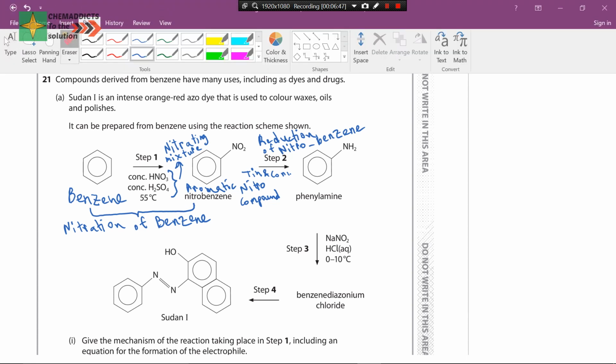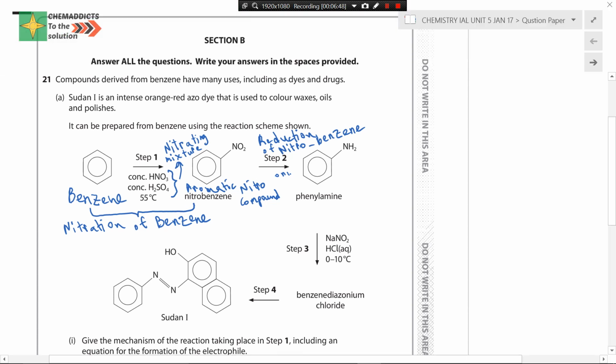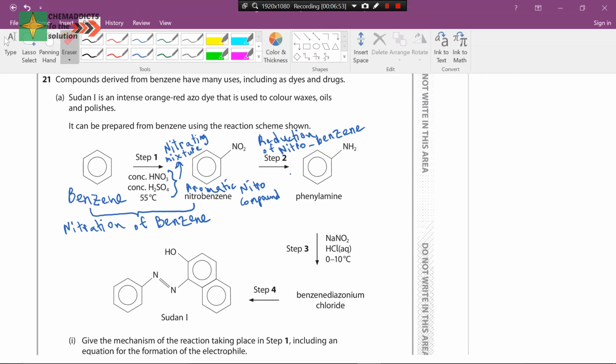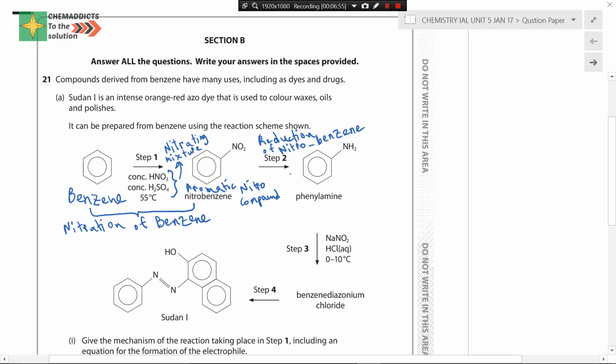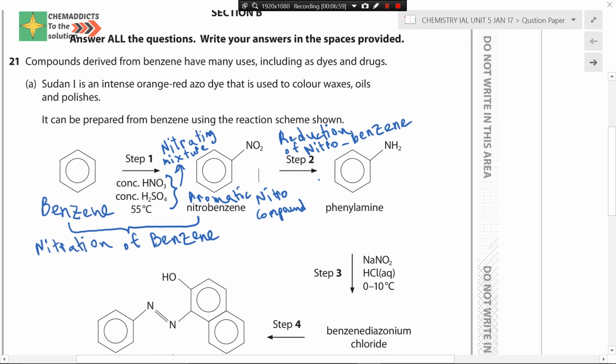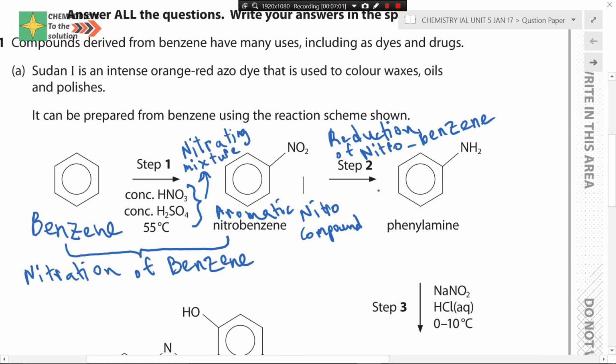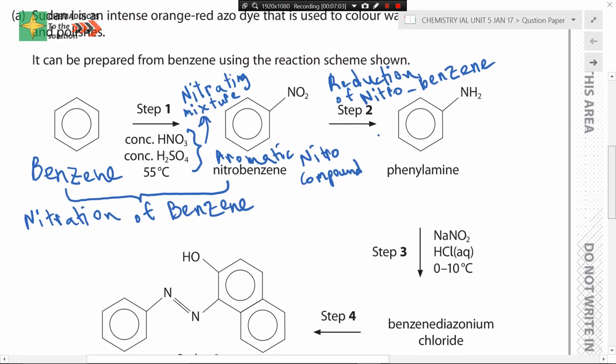Well, fellas, let me zoom this a little bit, then it should be fine.